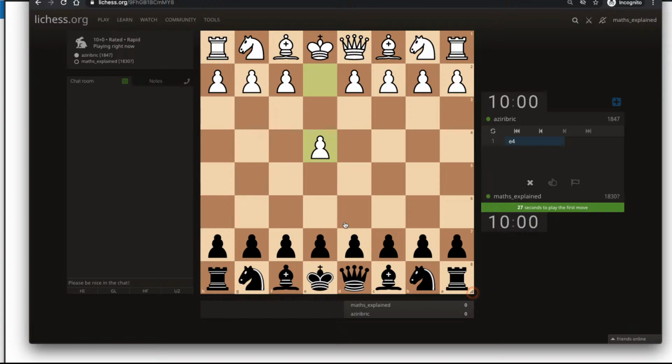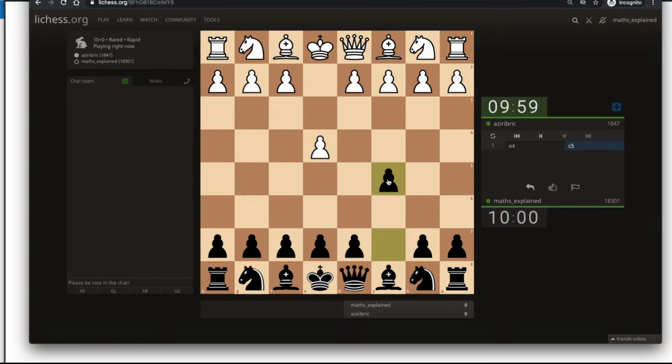Okay, so I'm playing the black pieces. And with any chess game, what you want to do is control the middle of the board. Now, usually I play this move because it goes right into the middle. But actually, I've been watching a few players and they play this move here. What it does is you don't go straight into the middle, but you still control the center with this move.